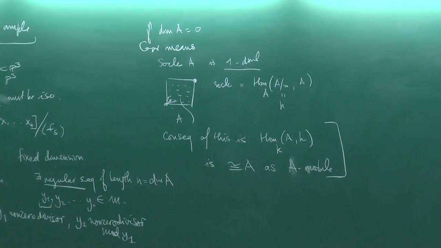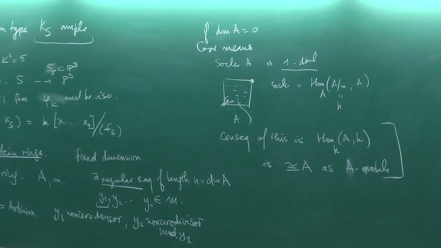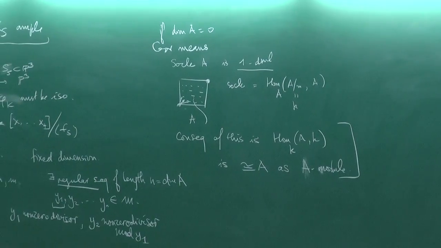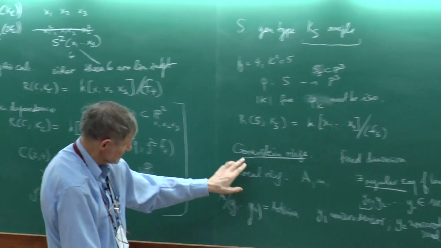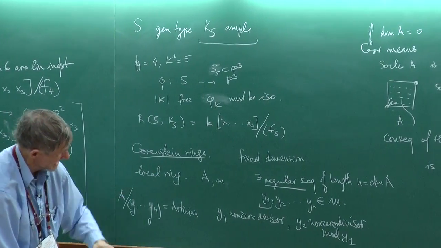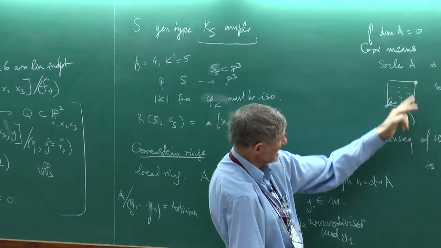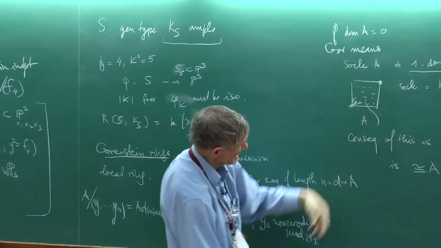I gave you a definition, but the definition is sort of basically useless. Gorenstein is the condition that I can cut it by hyperplane sections, and at the end of it I get this nice self-symmetric picture.